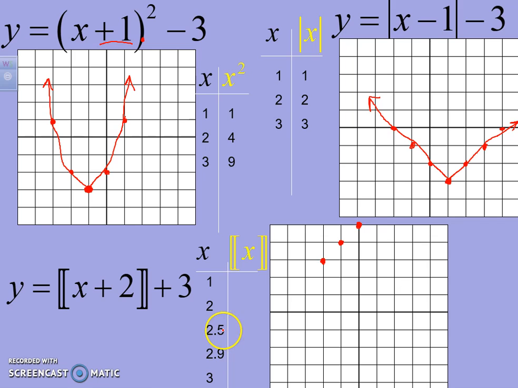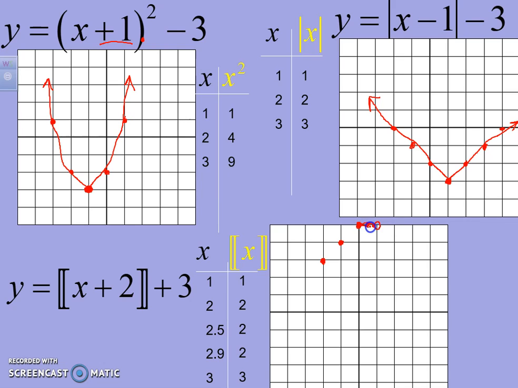Okay. If I plug in 2.5, so let me go over 2.5. The output is the greatest integer less than or equal to 2.5, and the output is 2. And then I could do 2.9. Well, is the answer still 2? 2.99 is still 2. But when I get to 3, I put an open circle here and it jumps up to 3.